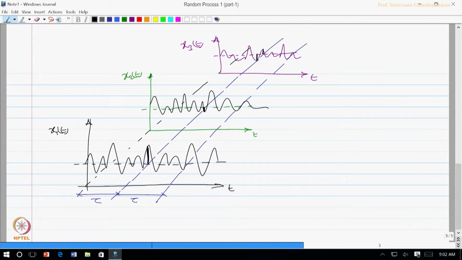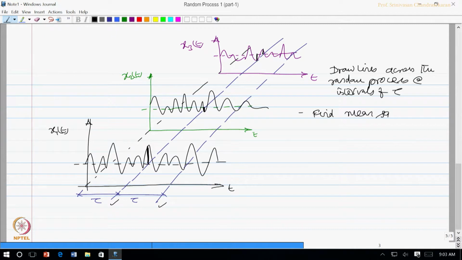So, let us explain this process very quickly. Draw lines across the random process at intervals of tau. So, we did that. There are two lines we draw. Now, find the mean square value, and check if this MSV is unique across the sample.